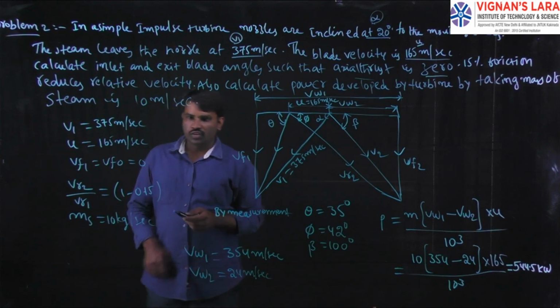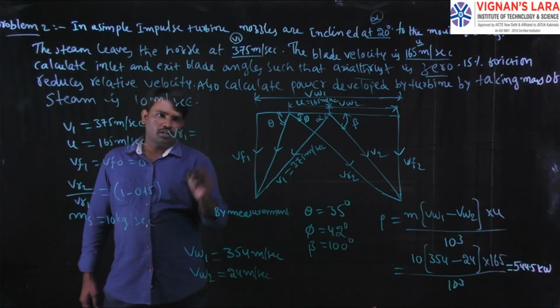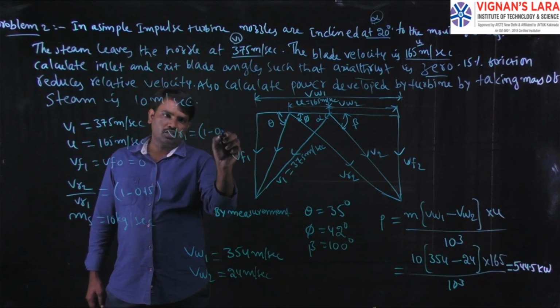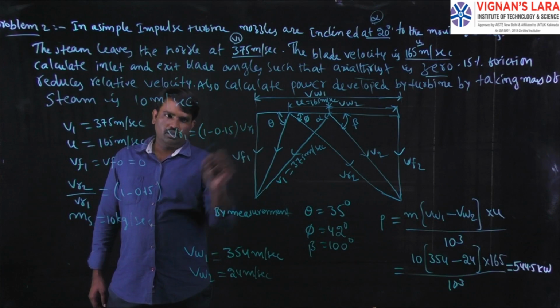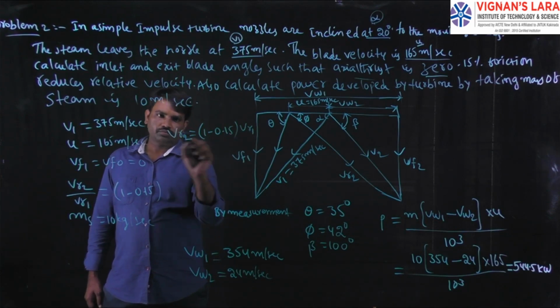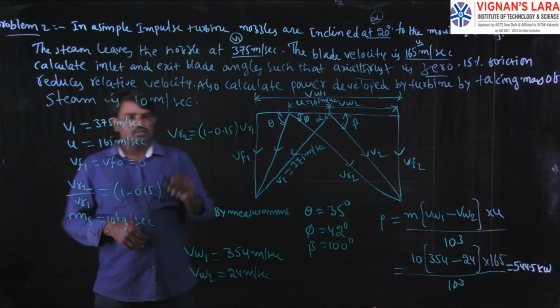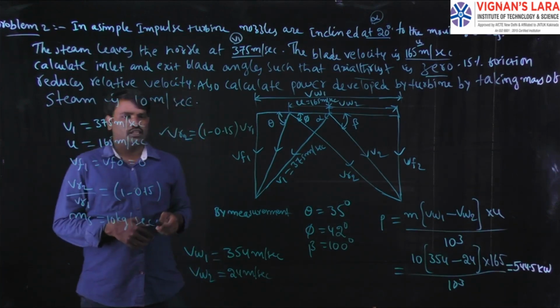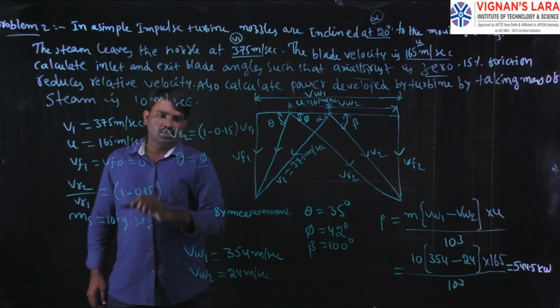The relative velocity at inlet is VR1, and the relative velocity at exit is (1 minus 0.15) times VR1. This velocity VR2 we also have to calculate, and the inlet and exit blade angles theta and phi we have to measure.